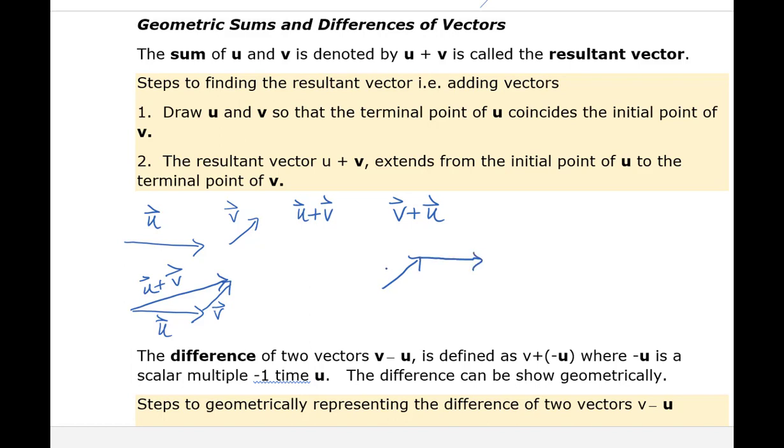So here's my v, here's my u, and my resultant vector is going to start at the initial side of v and be drawn to the terminal side of u. This would be the vector u plus v. You can see that this vector has the same magnitude as the original sum that we did over here, and it has the same direction.